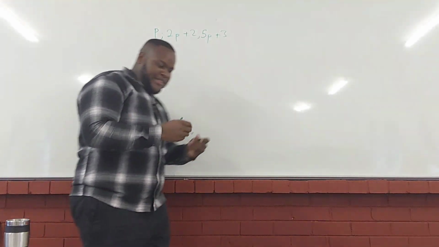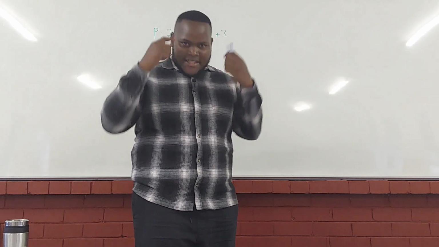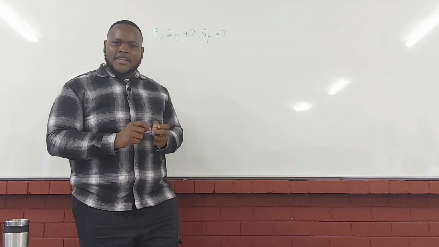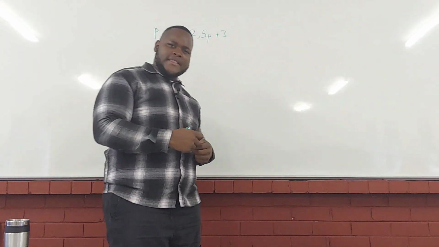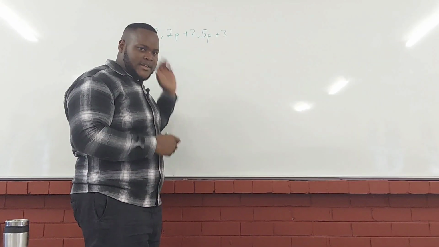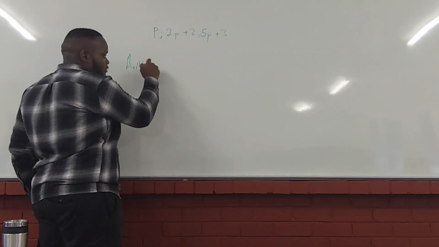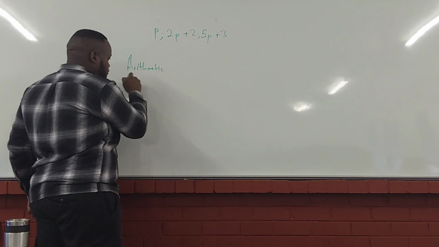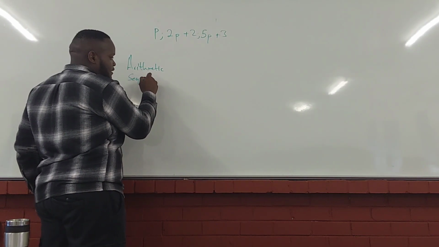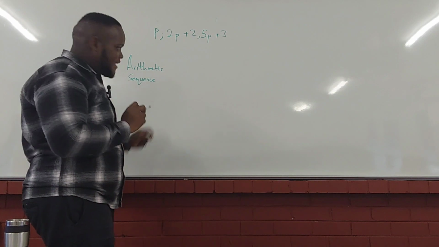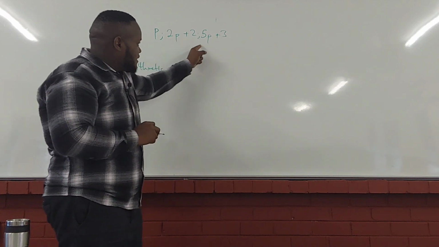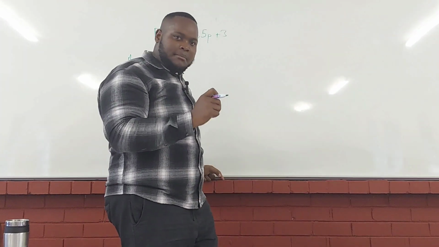Now the moment they say it's an arithmetic sequence, something has to ring in our minds. What do they mean when this sequence is an arithmetic sequence? If it is an arithmetic sequence, it means the first difference is common between my terms.